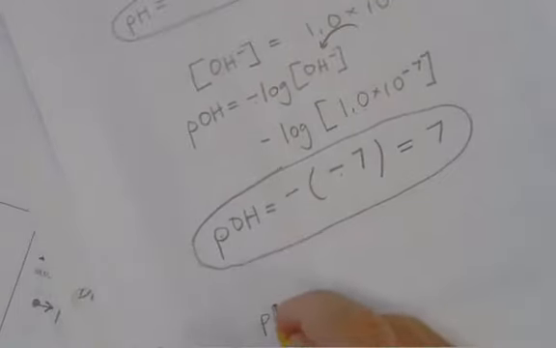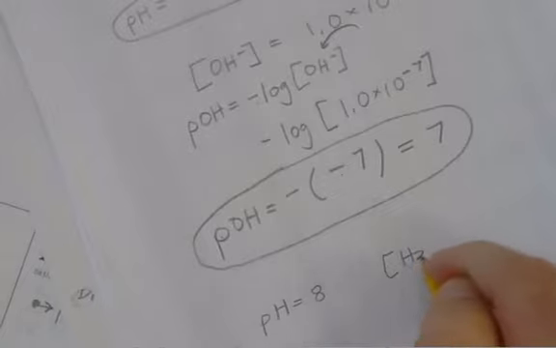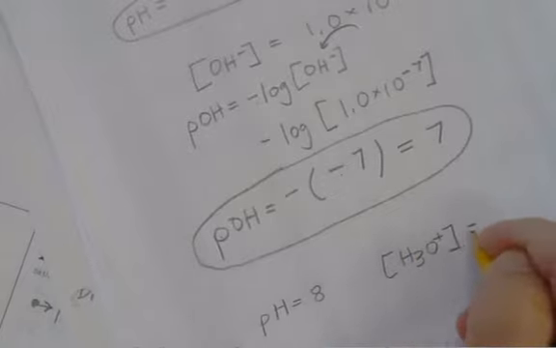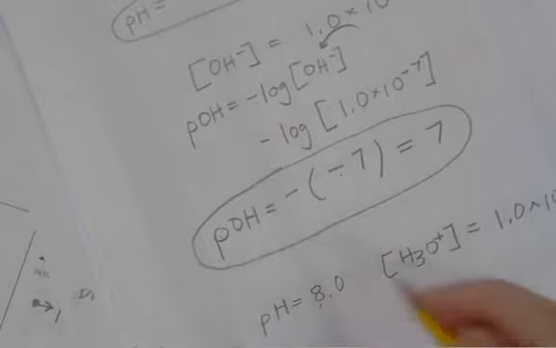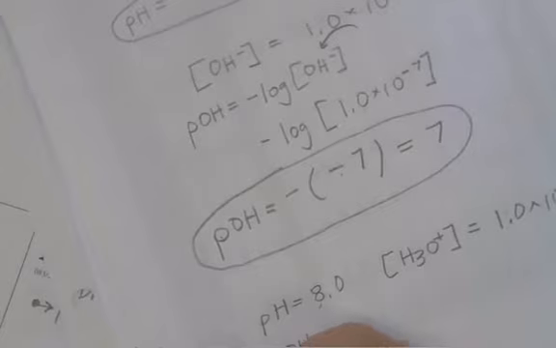If the pH of something is equal to 8, it means the hydronium ion concentration, you'll get used to this, right, is equal to 1 times 10 to the minus 8th. You can do this in your head whenever it's a whole number like this, so 8.0. Well, if this is 8.0, then we know that pOH has to be 6, right?